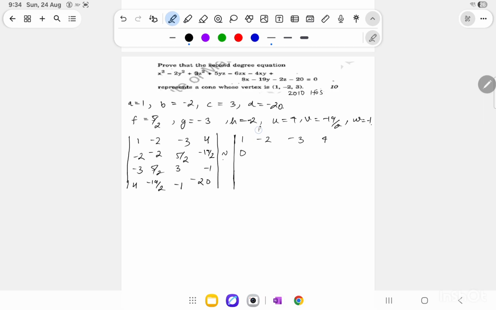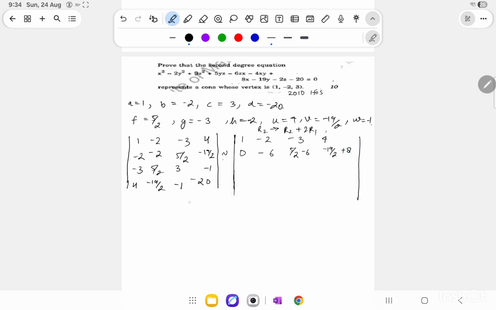Here I have used R2 as R2 plus 2 R1, which gives minus 6, 5 by 2 minus 6, and minus 9 by 2 plus 8.